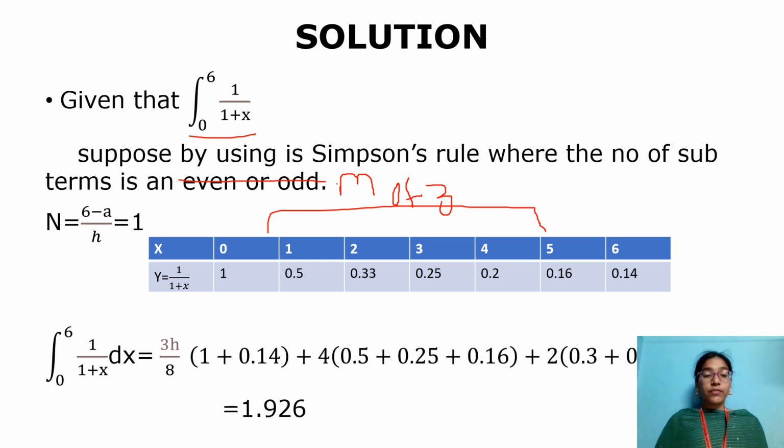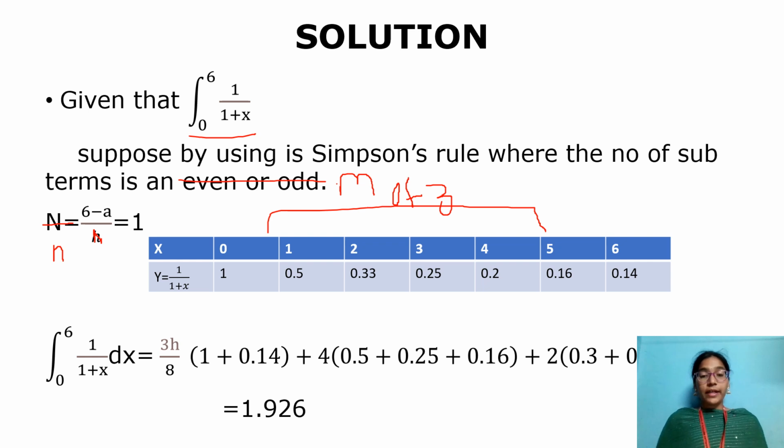Now we have to calculate the formula for h. h equals (6 minus a) by n, equals 1. The subintervals are 6, and (6 minus 0) by 6 equals 1.